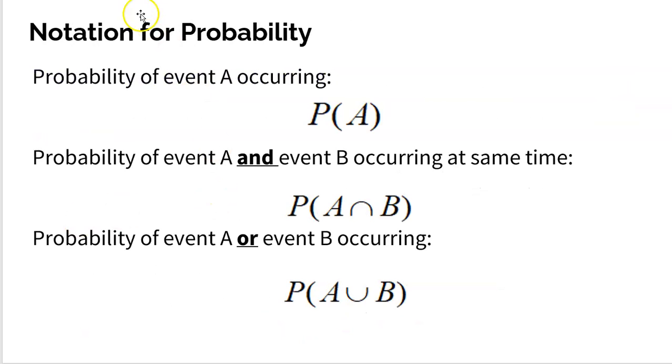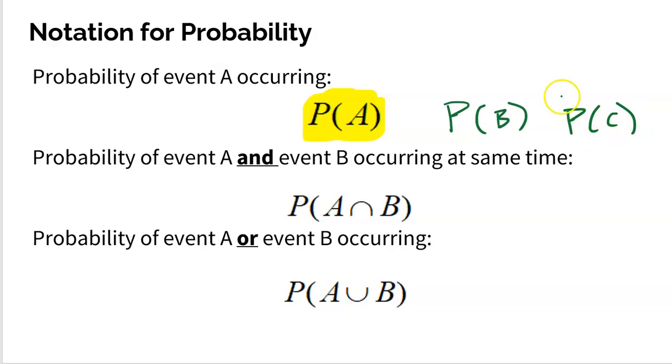Now, in statistics, we use a couple different symbols for this. Let's talk about that. First off, we have the probability of an event A occurring. That's pretty simple. And then obviously we could add the probability of a different event B, and we could even talk about the probability of a different event C, whatever. But then we talk about the word and. That means that they occur at the same time. So that's the probability of A and B. The symbol we use for and is this upside down U. Keep that in mind.